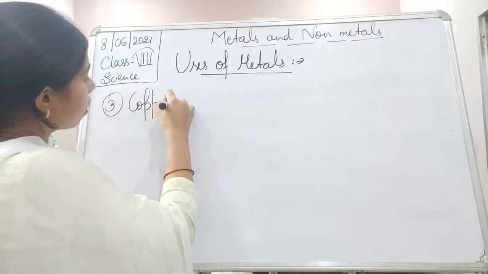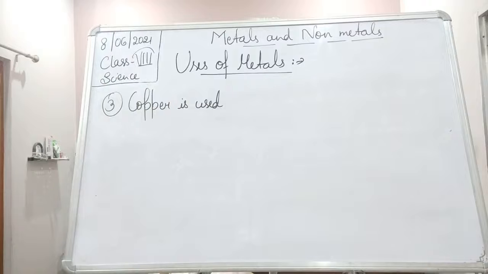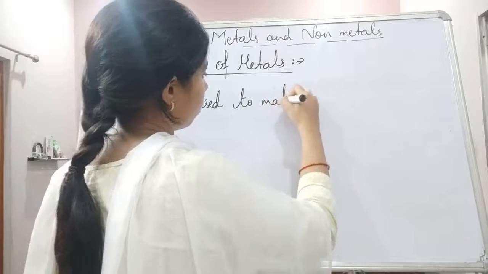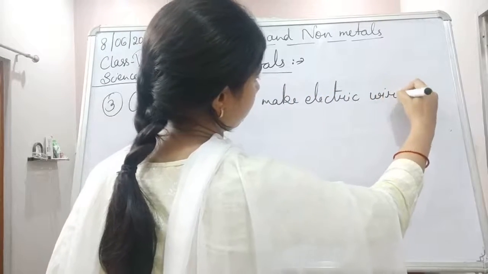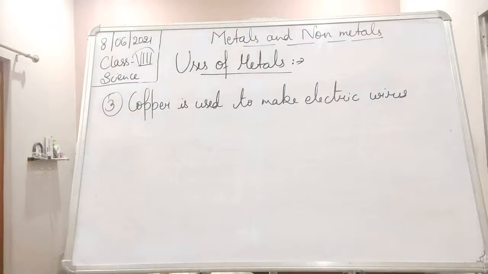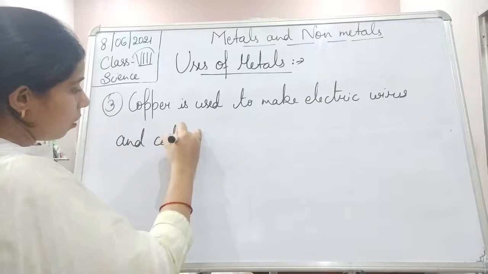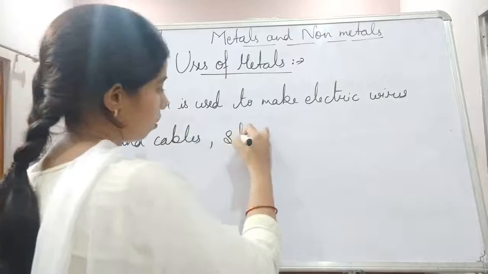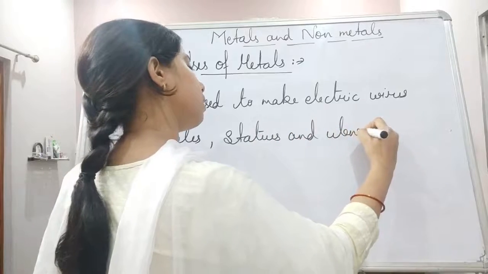Copper is used to make electric wires and cables, as well as in making statues and utensils.